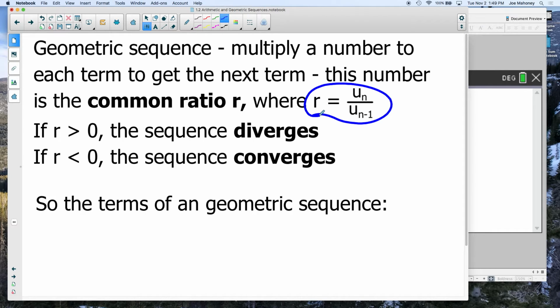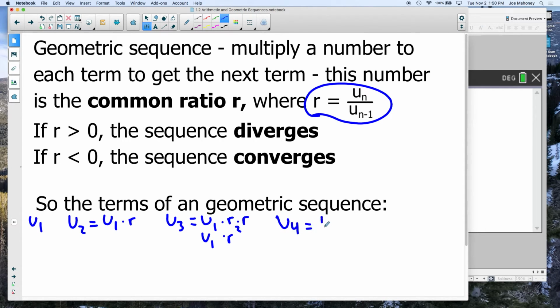But again, if we talk about the terms of this sequence, the first one is u sub 1. U sub 2, because it's multiplication based, is u sub 1 times r. The third term is u sub 1 times r twice, or u sub 1 times r squared. And I bet you see where I'm going with this.